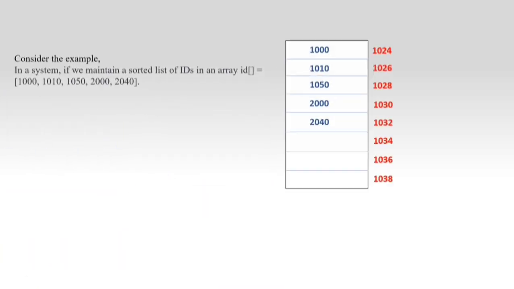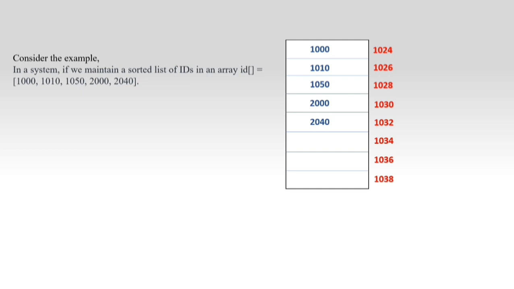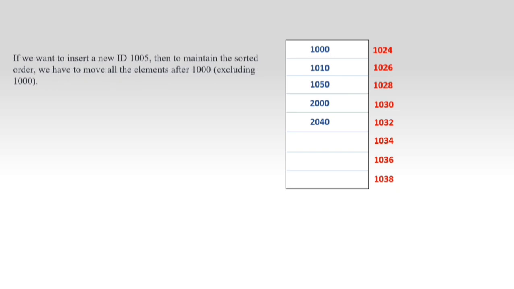Now, let us take an example. In an array, we are maintaining a sorted list of IDs in an office. The IDs are 1000, 1010, 1050, 2000, and 2040. They are inserted into an array. Now we have to insert a new ID, for a new employee whose ID is 1005.